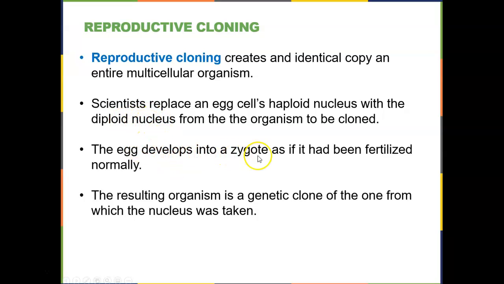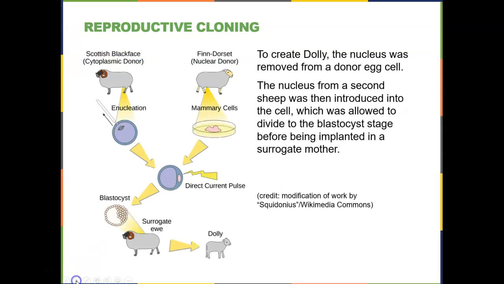It will go on to form a zygote, which is the first cell of a new organism, and it can go on to then divide and create a whole new organism, which is a genetic clone of the one from which the nucleus was obtained.